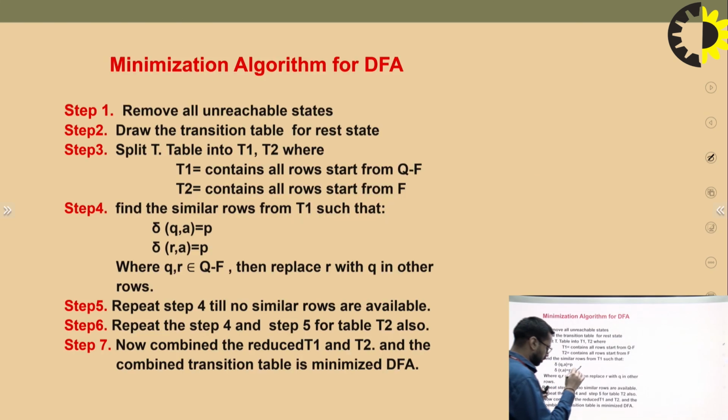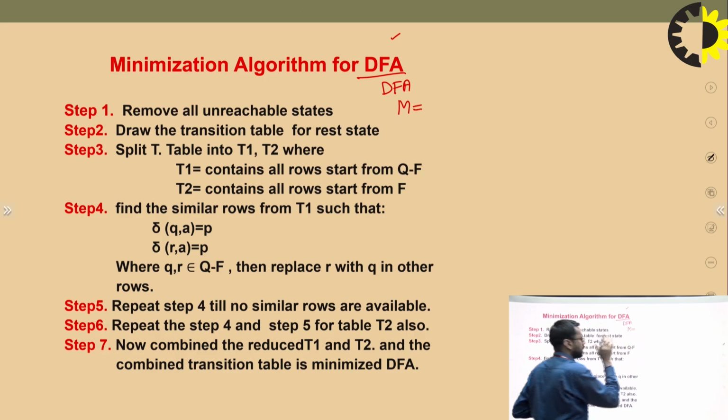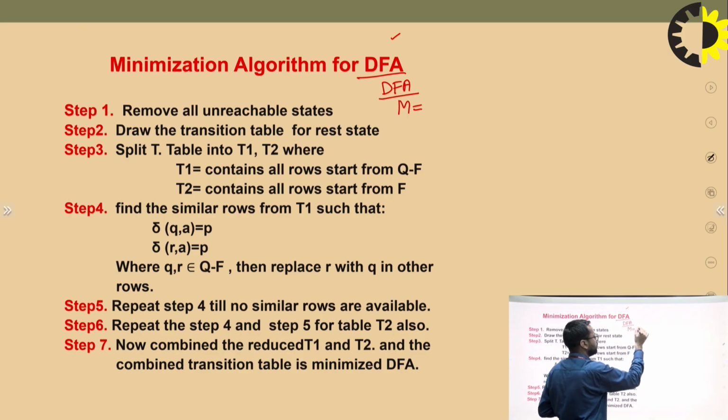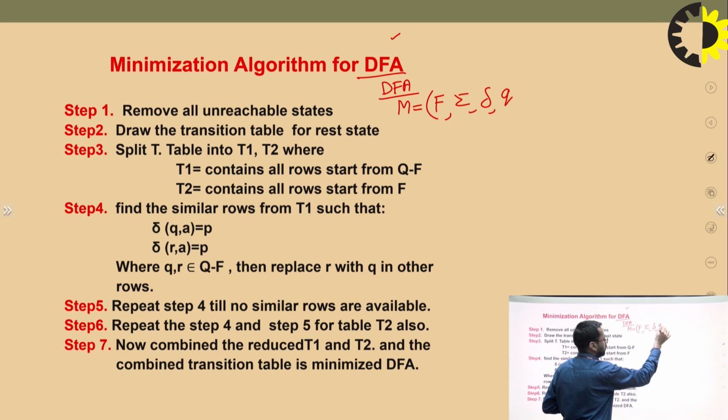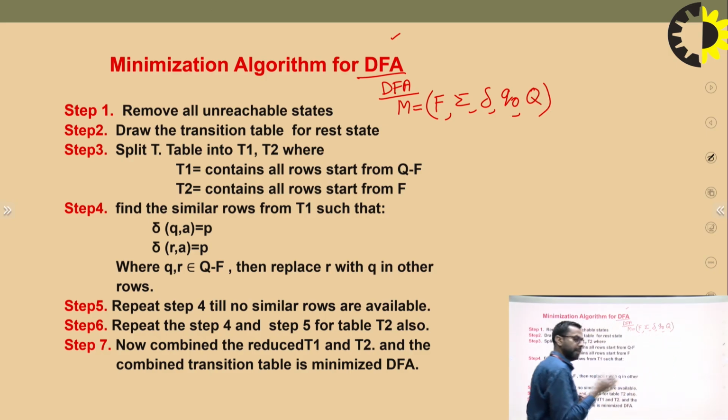DFA contains a number of states. When we say the DFA model, we keep in mind that it contains a set of 5 tuples, represented by M, that are capital F, sigma, delta, Q naught and capital Q. These are the 5 tuples already discussed in the previous lectures.